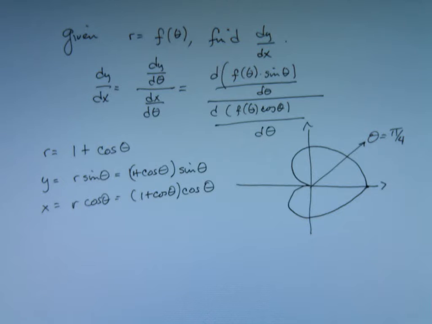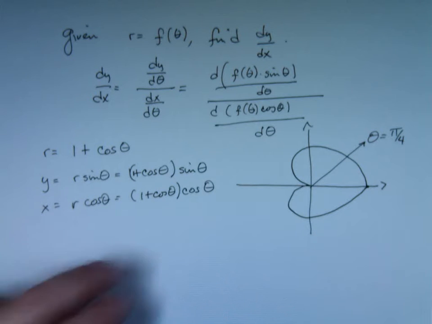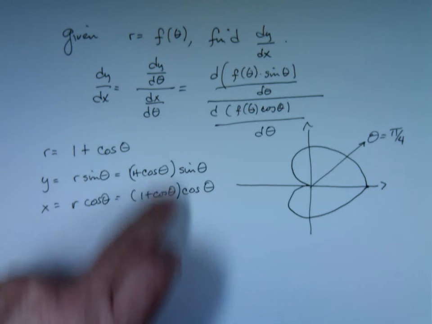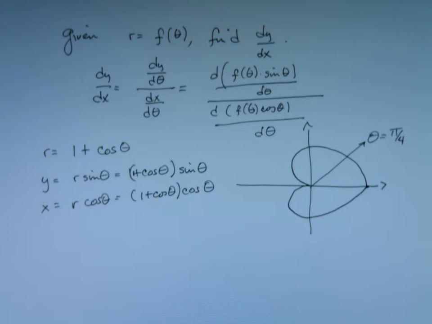And if in Mathematica, and I'll do this in a minute, I were to do a parametric plot of these equations, we would get that same cardioid that we got from this polar plot, 1 plus cosine theta.